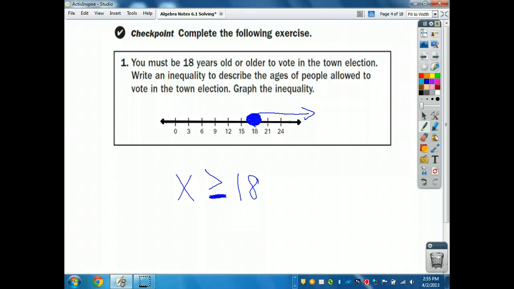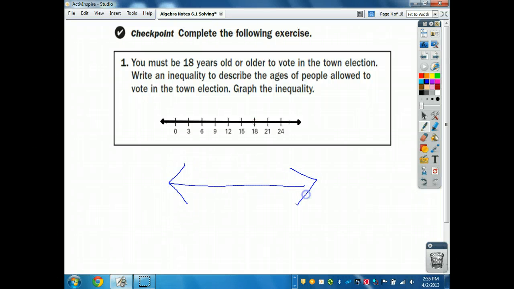Now, when you have to do your homework on your worksheets or a test or a quiz, if this number line is not there and you have to make your own, this is all that I expect that you do for your number lines. You would make your number line nice and straight.